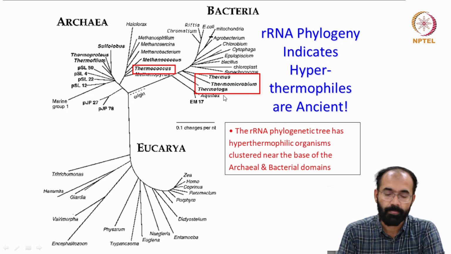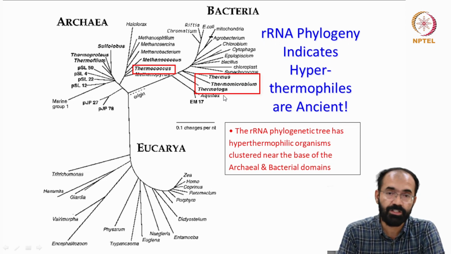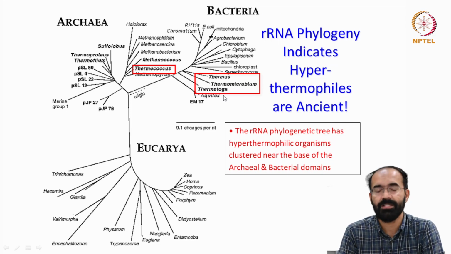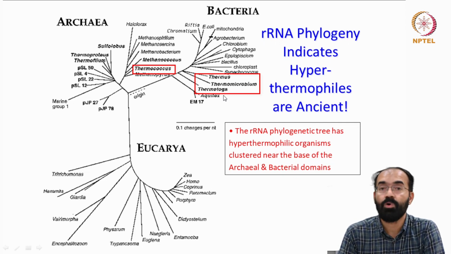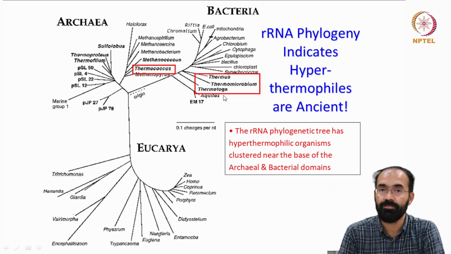So the organisms which prefer high temperature even today have more relatedness compared to the rest of the bacterial group, that is the mesophilic or psychrophilic bacterial group. Mesophilic means normal temperature, psychrophilic means cold loving bacteria. So thermophilic bacteria are more related and they are more primitive also. This suggests that these organisms could have originated very early in the origin of life on planet Earth.